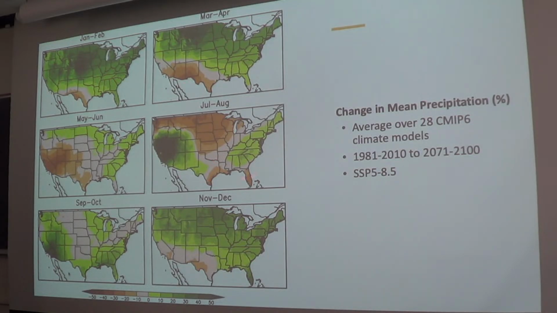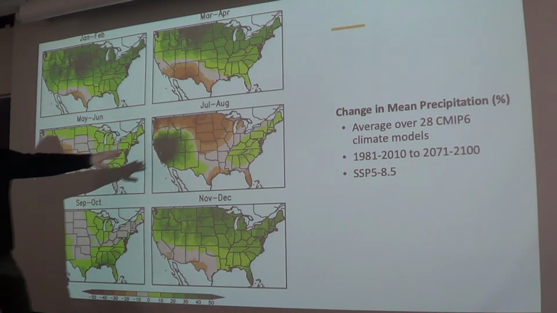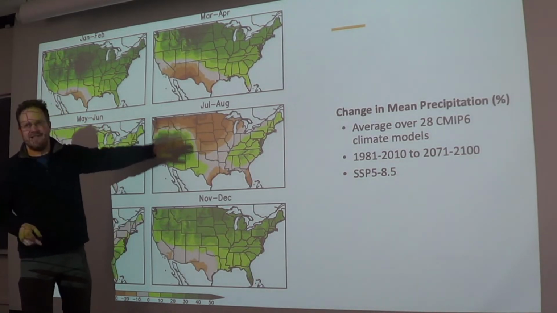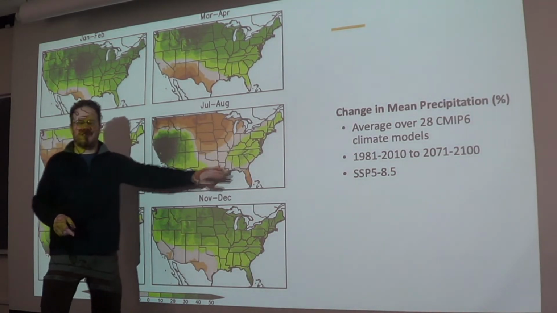And this is actually somewhat different than the way I remember the CMIP5s. Overall there had been a tendency that the wetter places would get wetter further north and the drier places further south. But here, the actual driest places across the northern U.S. tend to get wetter further south.